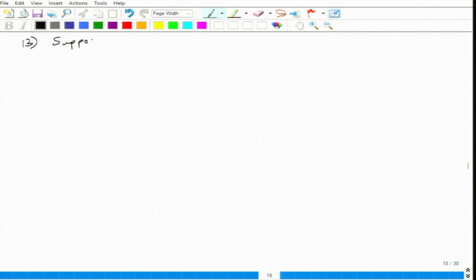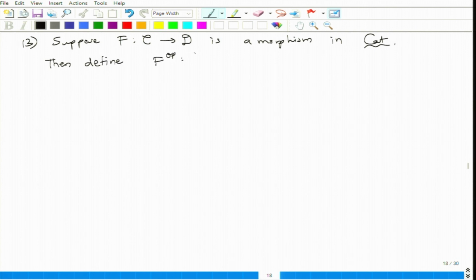Suppose f from C to D is a morphism in Cat. Then I can define f op from C op to D op.